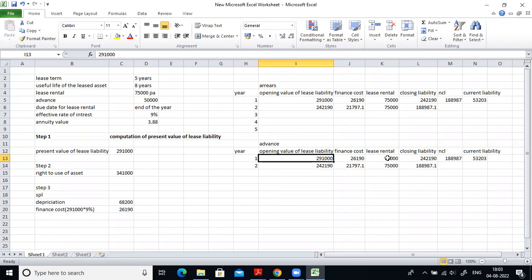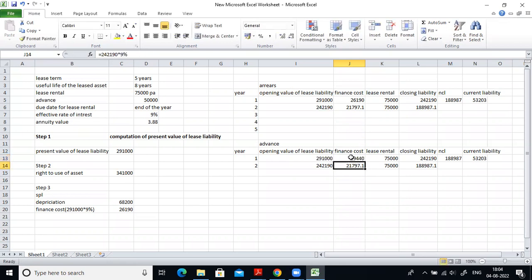So in this case, how can we compute the finance cost? From 2,91,000, you need to deduct the lease rental which is paid at the beginning, that is 75,000, and on the net value you need to compute the finance cost. So the finance cost will be 2,91,000 minus the lease rental 75,000, into your finance cost, that is 9%.